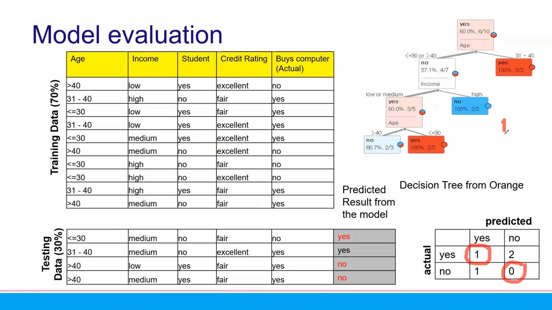So the 1 plus 0, and then we divide by the number of data that we have in the testing. So we have 4. Then what is the recognition rate? It is 25%. So it is very low.